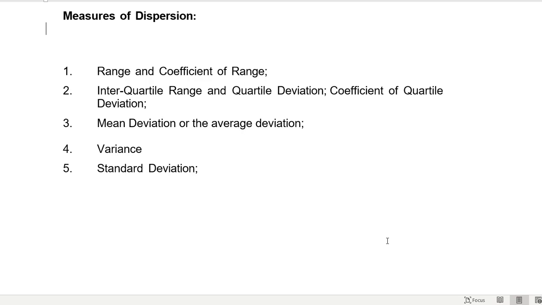Now, after that, this is quite obvious. Once you have this information, the next important thing is to check the measure of dispersion. Measure of dispersion is actually to find the boundaries of your data set, how spread out your data set is. So we are very much interested in that.